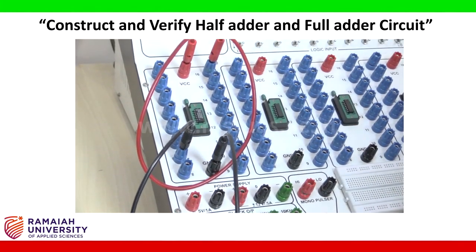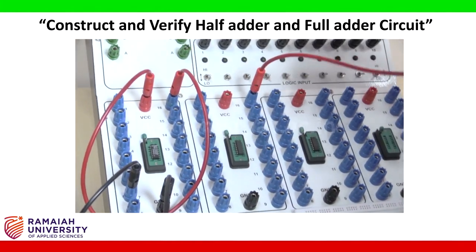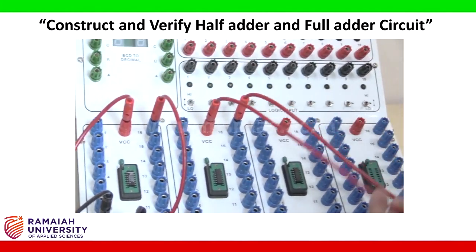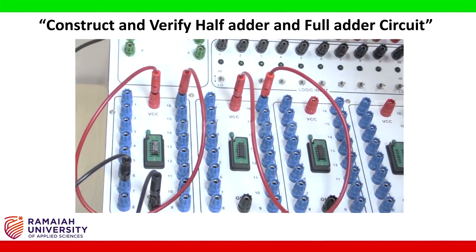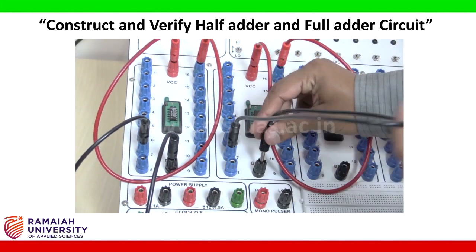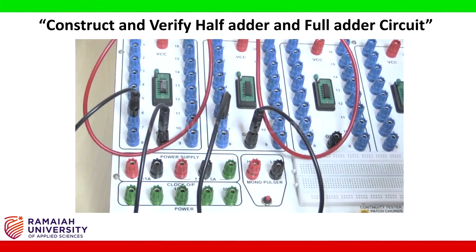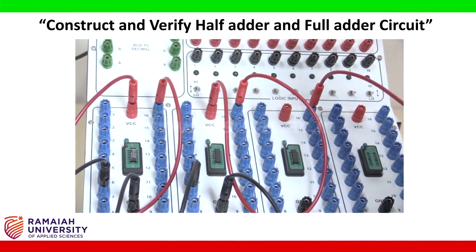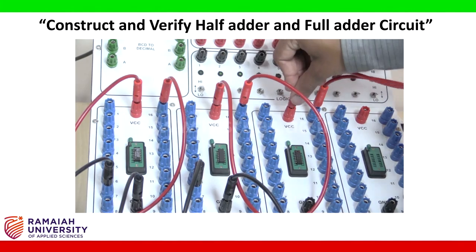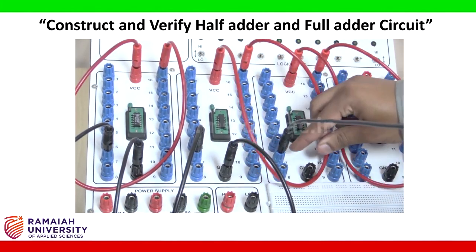So I am using a red patch cord again for pin number 14 to represent VCC, and pin number 7 I am connecting to ground. Similarly, for the third IC base, pin number 14 is VCC and pin number 7 is ground.